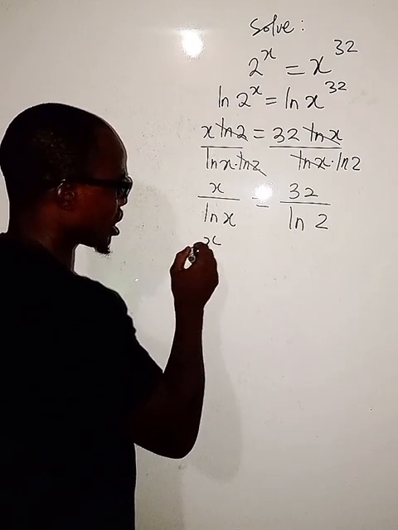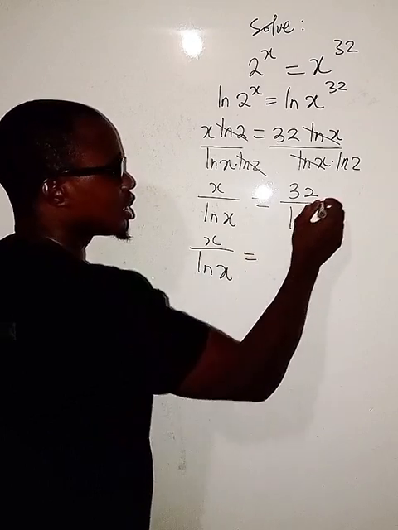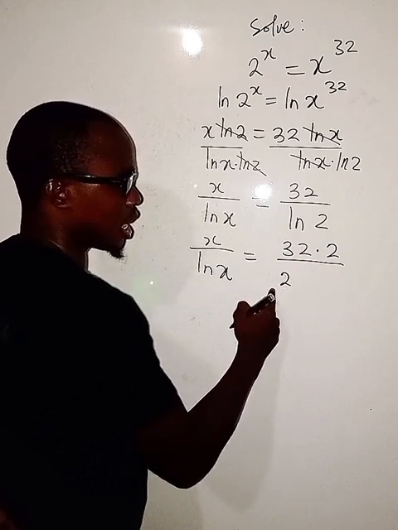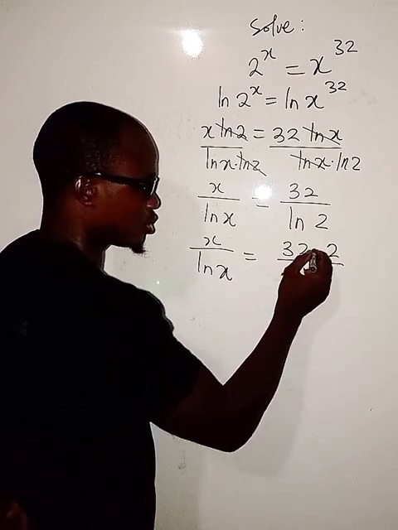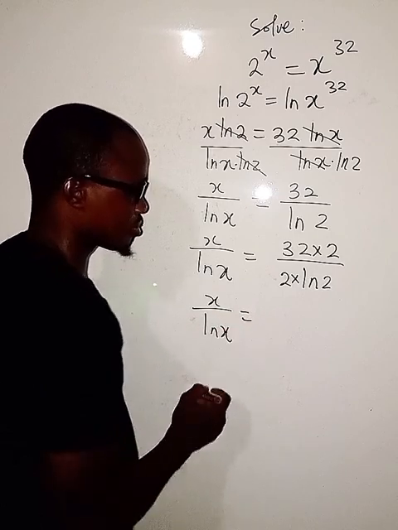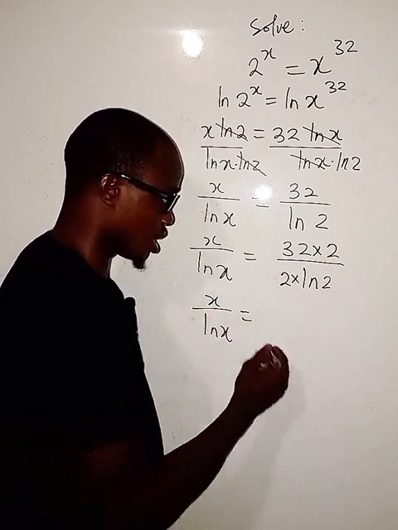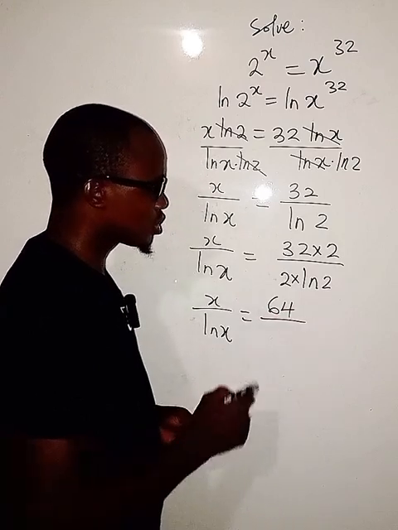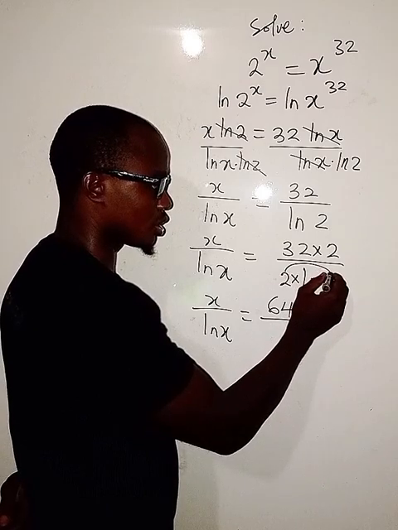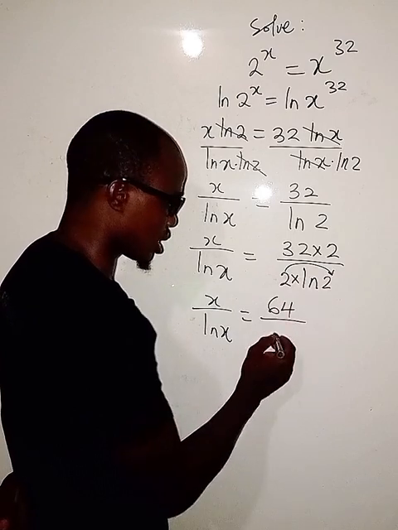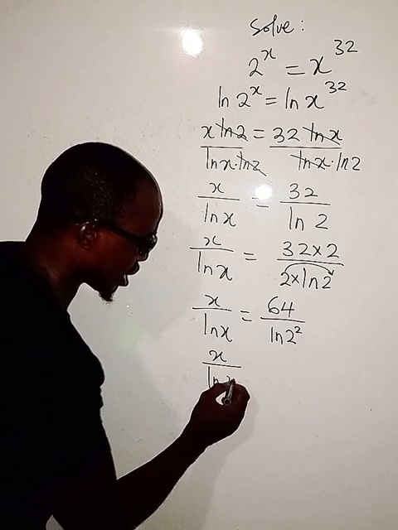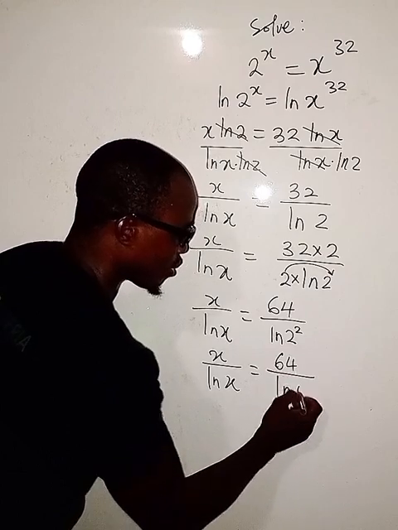If I multiply the 32 by 2, and multiply the denominator also by 2, we have x over ln of x equals 64 over 2 ln of 2. The 2 multiplying ln of 2 can go over as a power, so we have ln of 2 squared, which is ln of 4. So x over ln of x equals 64 over ln of 4.